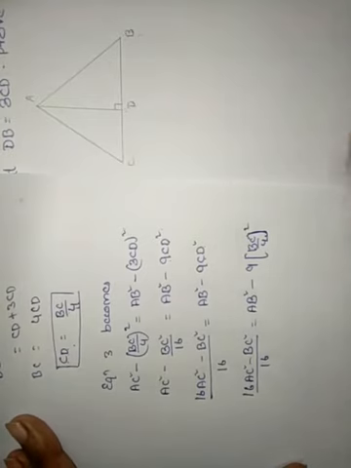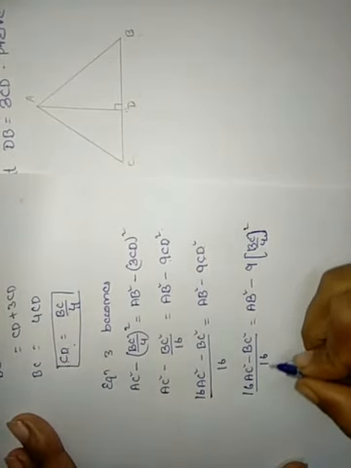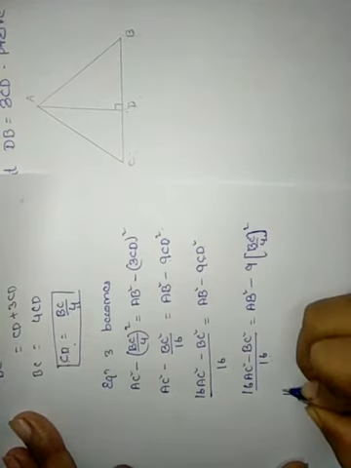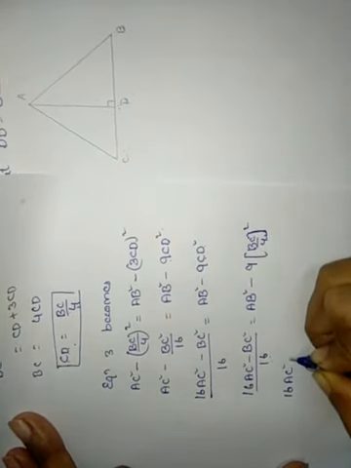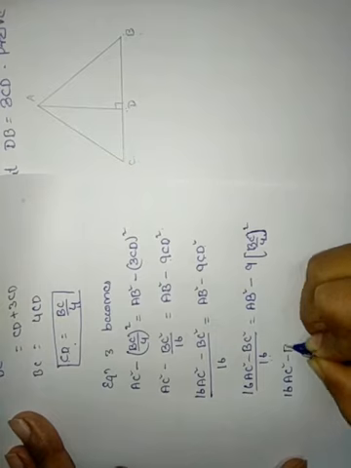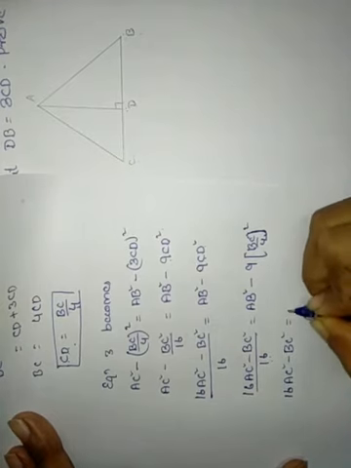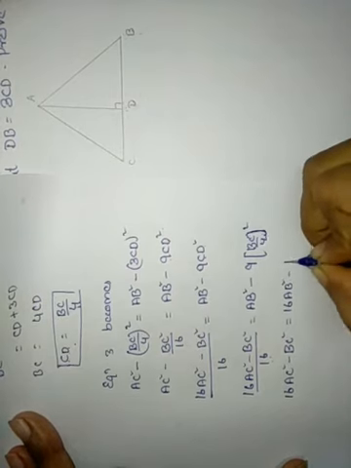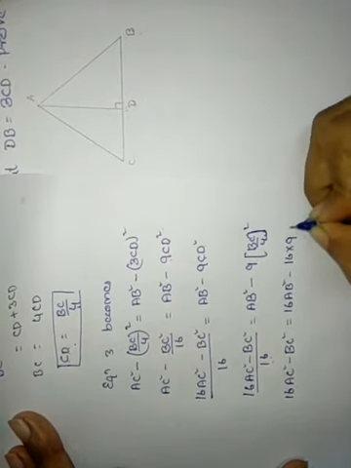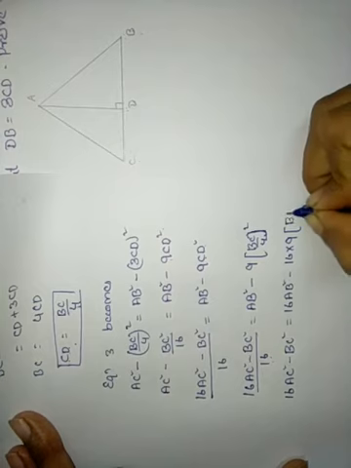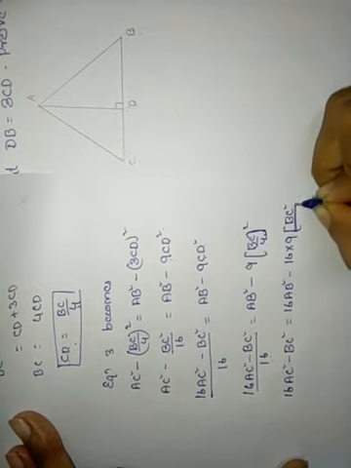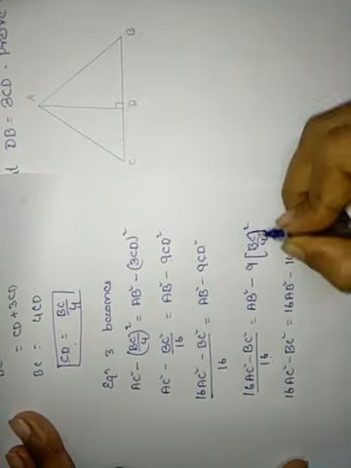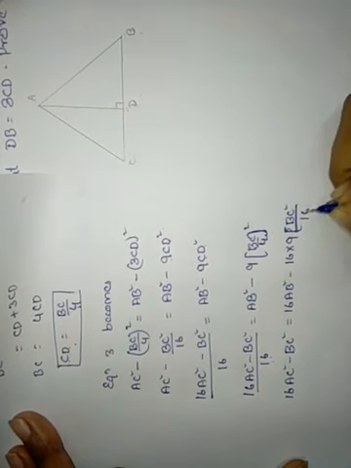Now here it is a divide, so we'll multiply 16 for the right hand side here. 16 AC square minus BC square is equal to 16 times AB square minus 16 into 9 BC square whole divided by 4 fours, that is 16, right?